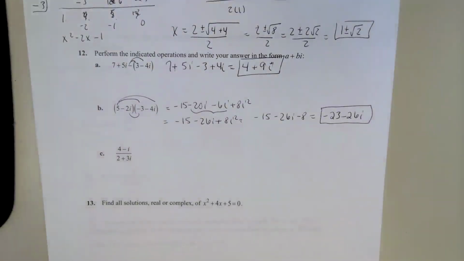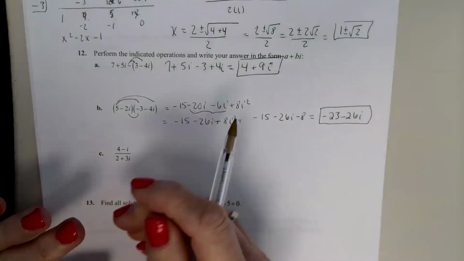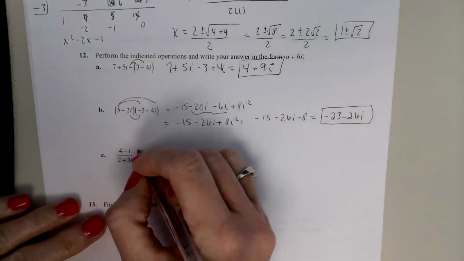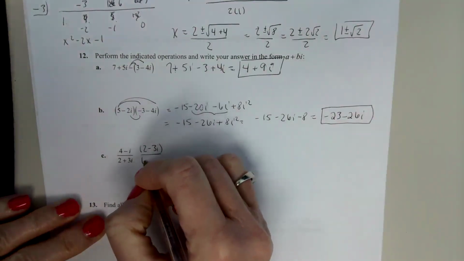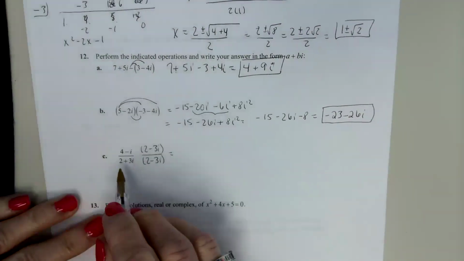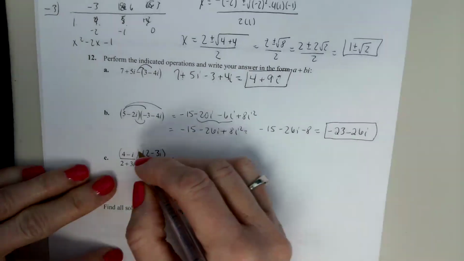And then 4 minus i over 2 plus 3i. So I'm going to multiply by the conjugate here to rationalize this. So on top, we're going to FOIL.